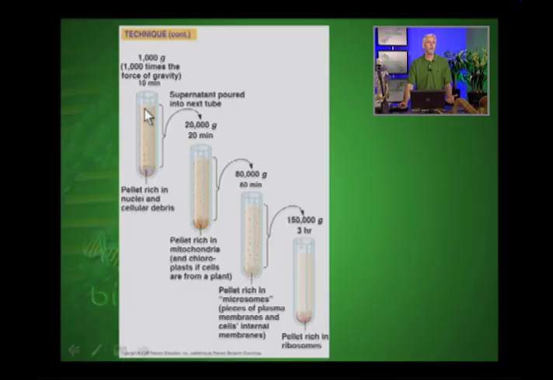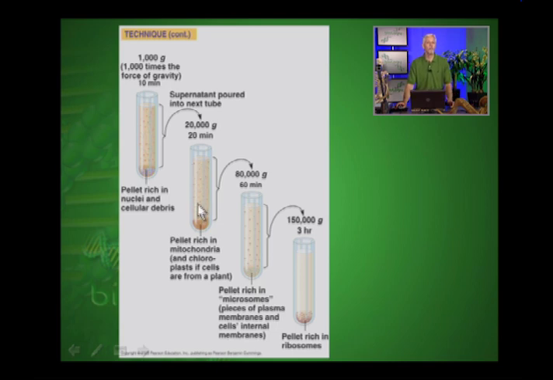And so what will happen then is we do this at different speeds. So we'll take this homogenate, run it through a centrifuge, it'll create a pellet, and then we'll pull that pellet out and try to figure out what the structures are and what those structures do. Then we'll take that supernatant, put it in another tube, and run it through a centrifuge at a higher speed and for a longer period of time.